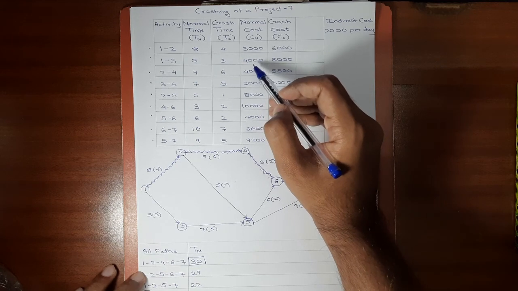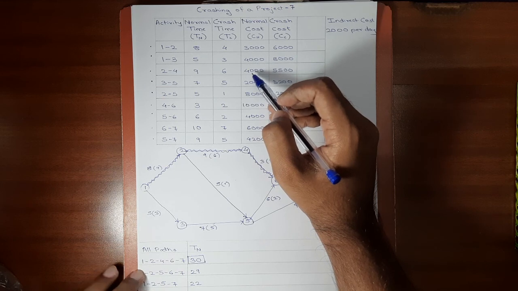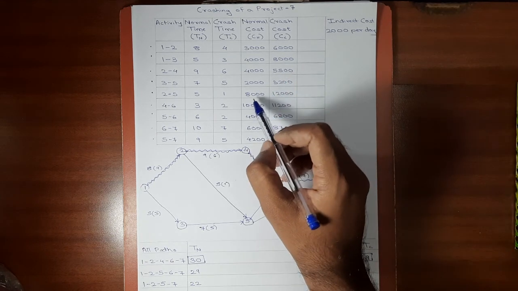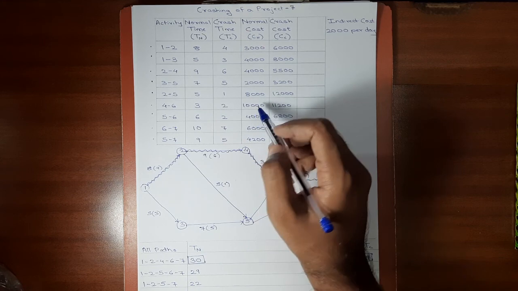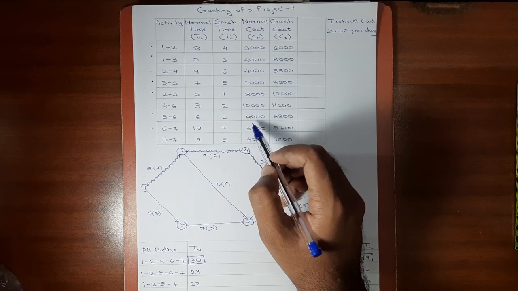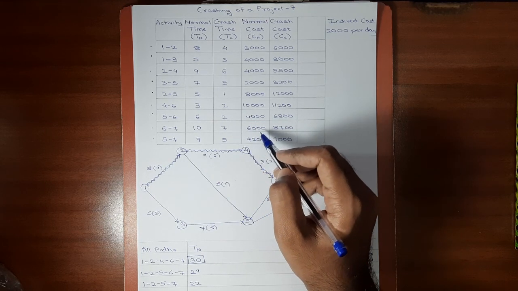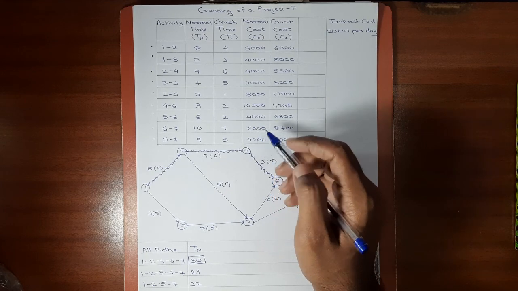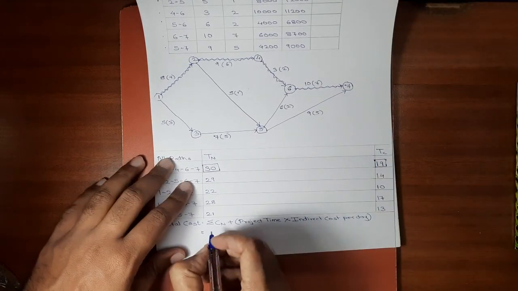So 3000 plus 4000, 7000, 7 plus 4000, 11,000, 11,000 plus 2000, 13,000, 13,000 plus 8,000, 21,000, 21,000 plus 10,000, 31,000, 31,000 plus 4,000, 35,000, 35,000 plus 6,000, 41,000, 41,000 plus 4,200 gives 45,200. So our total normal cost is 45,200.